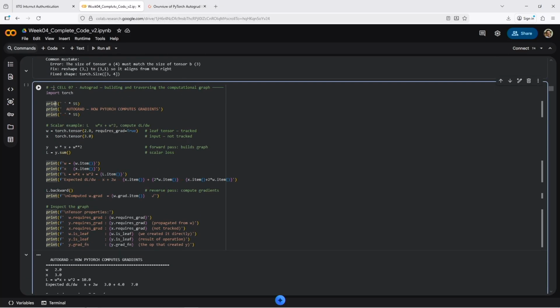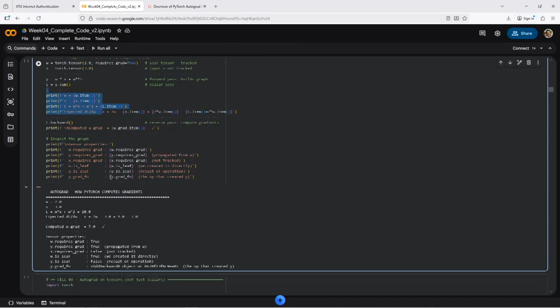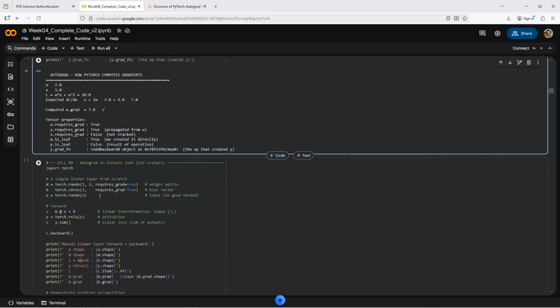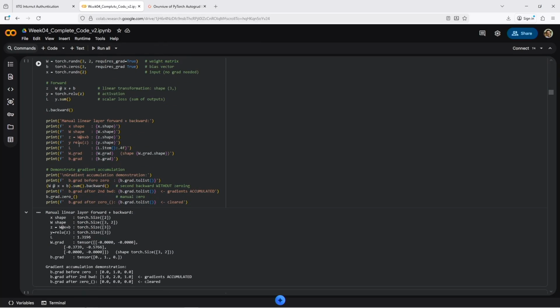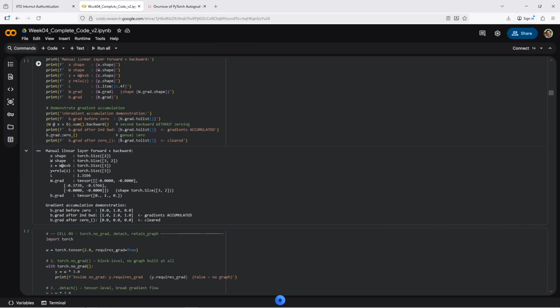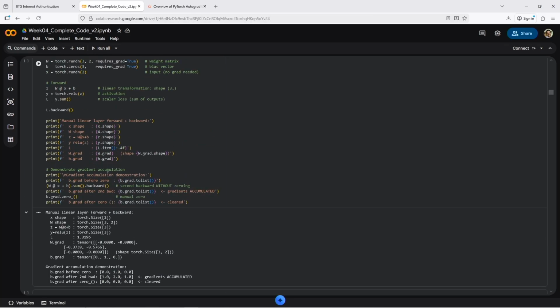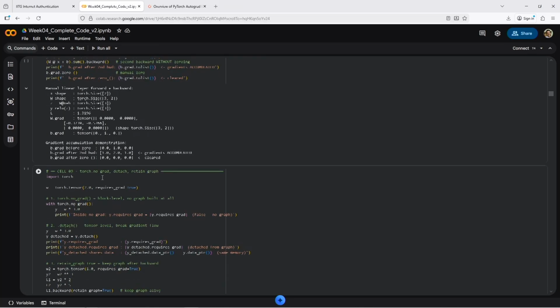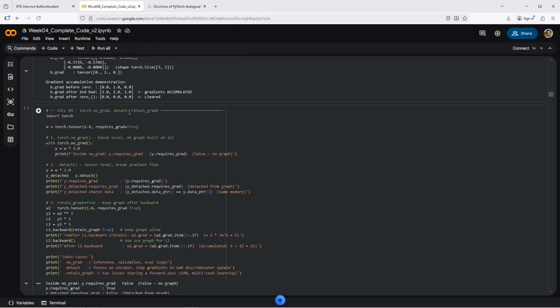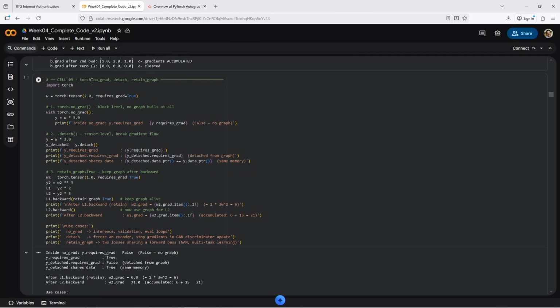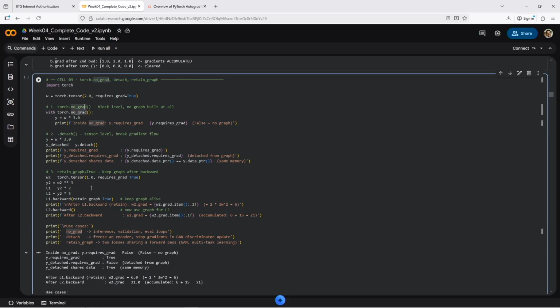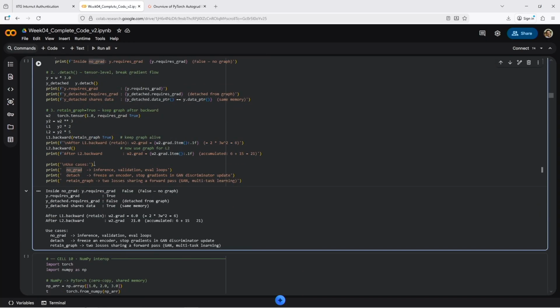Also we will see autograd, building the computational graph, how the gradients are computed, and what their shapes are. In detail, we will see in the training how these shapes and sizes matter in the autograd computation, and also no_grad, detach, and retain_graph and how they are applicable.